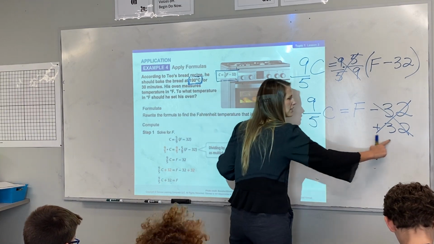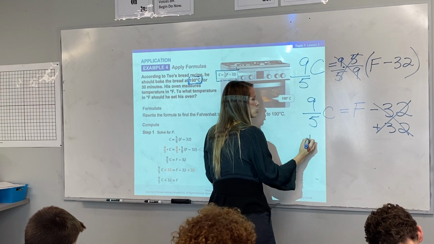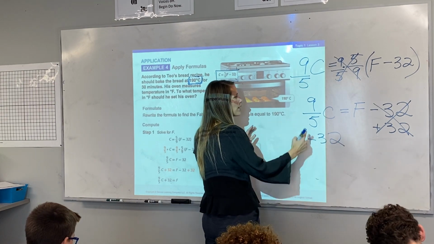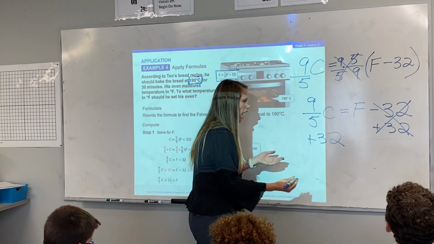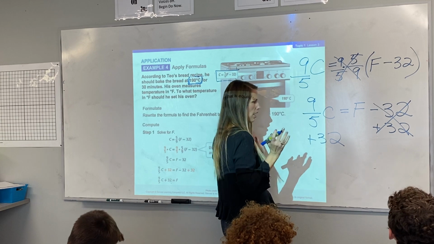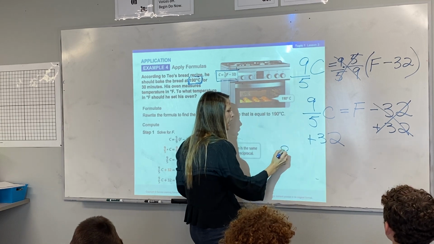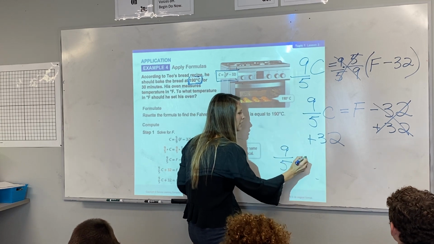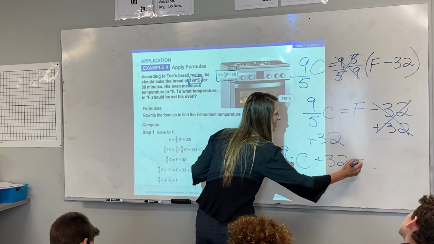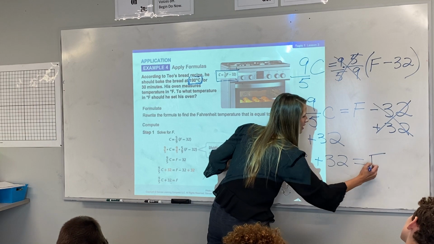Add 32 to both sides. Now remember, I'm not doing this to try to combine anything. I'm just writing it in a row. 9 over 5 times Celsius plus 32 equals good old American Fahrenheit.